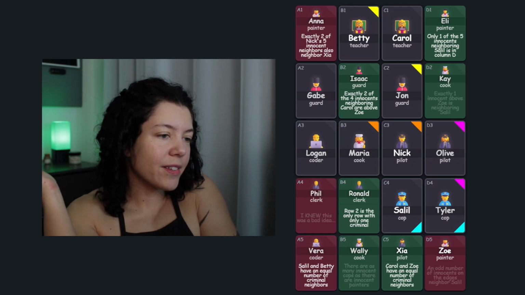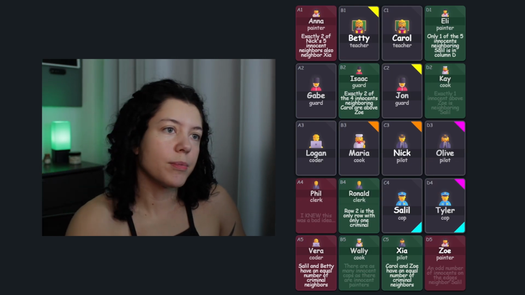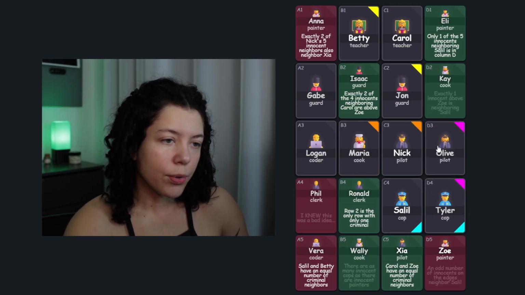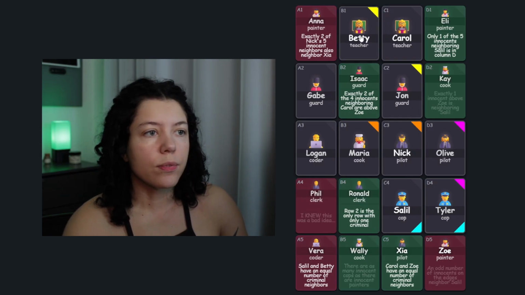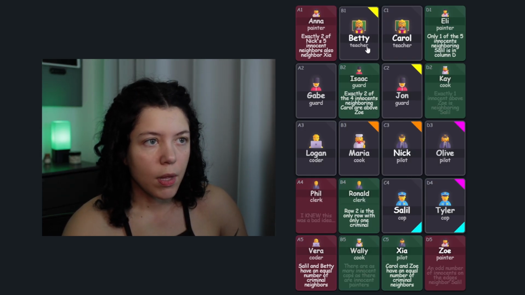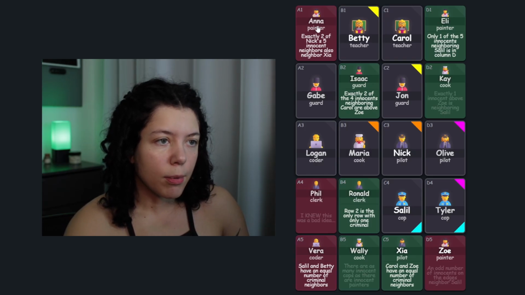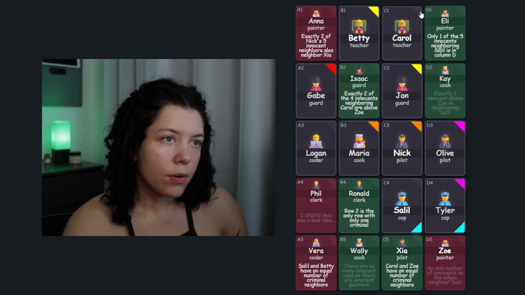Now, Vera tells us that Salil and Betty have an equal number of criminal neighbors. That's gonna help us because we know that Salil has 8 neighbors total, and he has 5 innocent neighbors, so that tells us that Salil has 3 criminal neighbors, so Betty has to have 3 criminal neighbors. She currently has Anna as a criminal neighbor, and she could have John, or both Karen and Gabe.